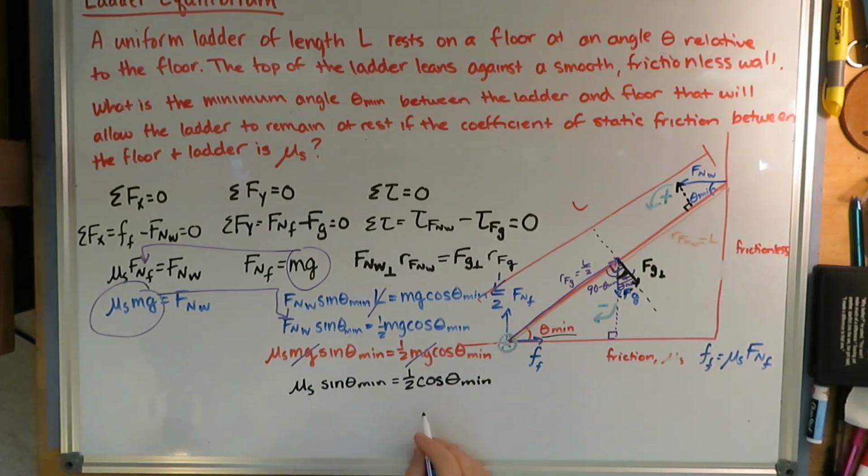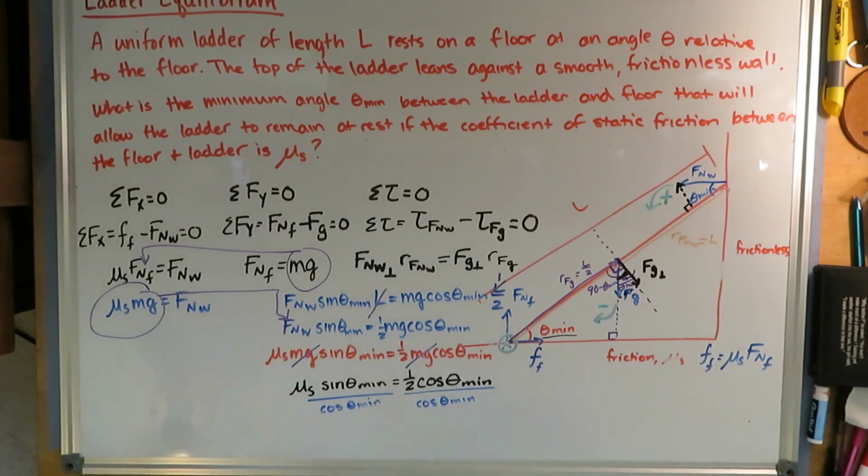Tangent's pretty easy, I think. So if I divide this side by cosine of theta min, and this side by cosine of theta min, it would cancel out over here.